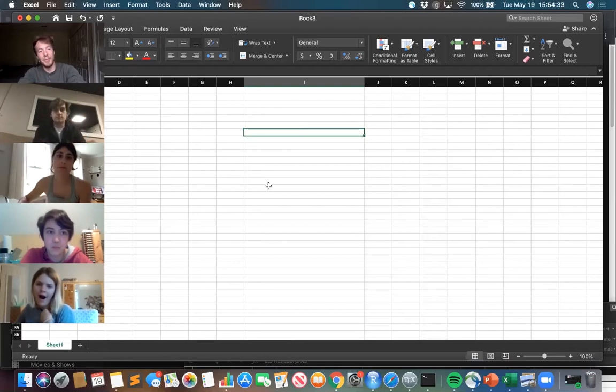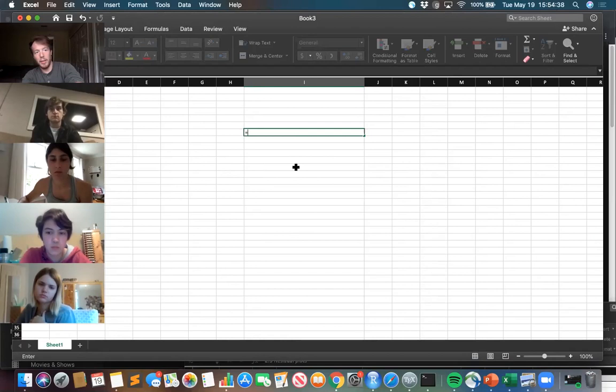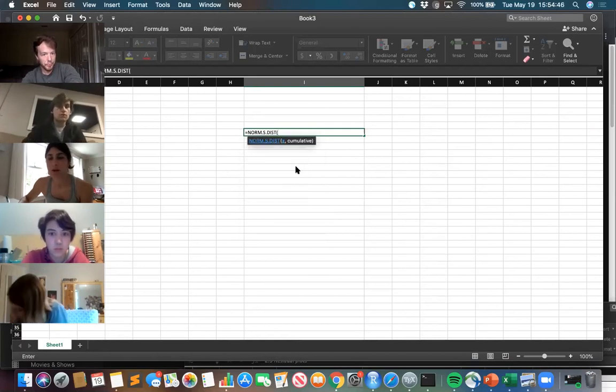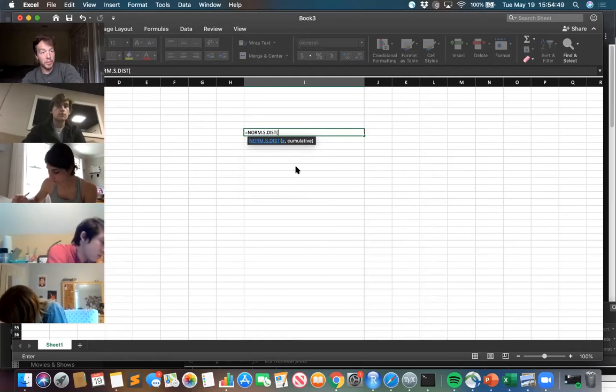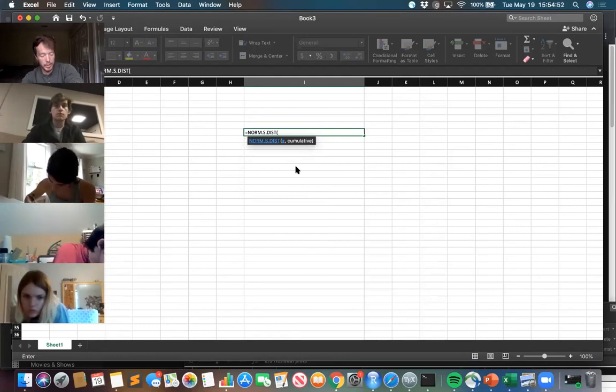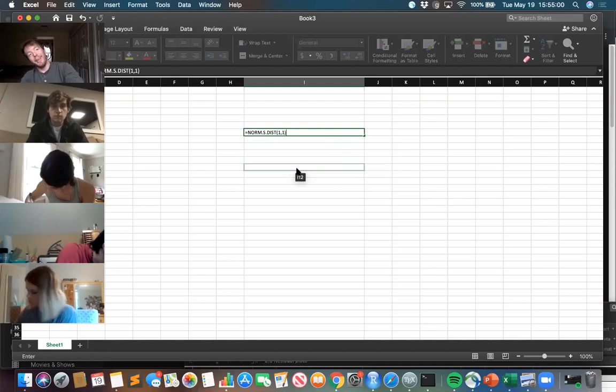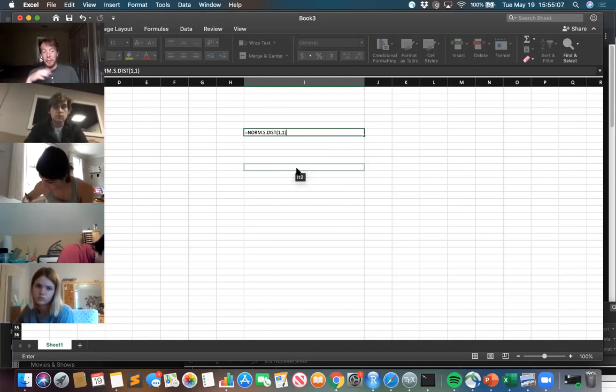So what you want to do is go into any empty cell in Excel and press equals to say that you're about to put in an equation, and you want to use the function norm.s.dist. Norm.s.dist takes 2 inputs. The first is your z-score of interest, so I'm going to give it 1. The second input is just a true or false value, and for this class you will always put 1 as the second input.